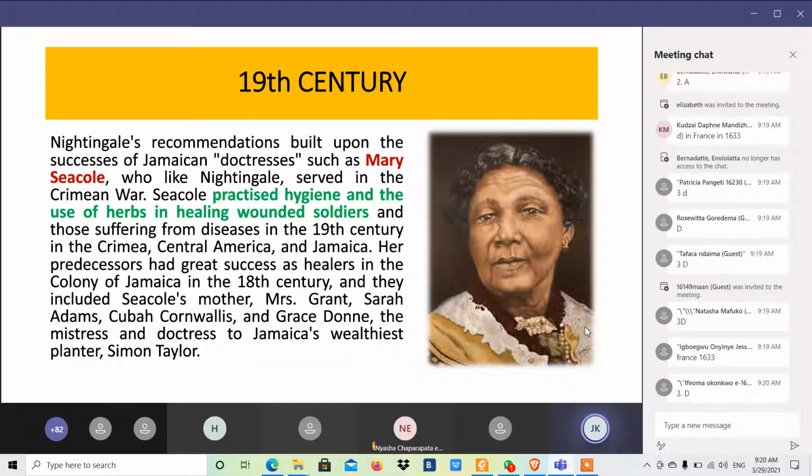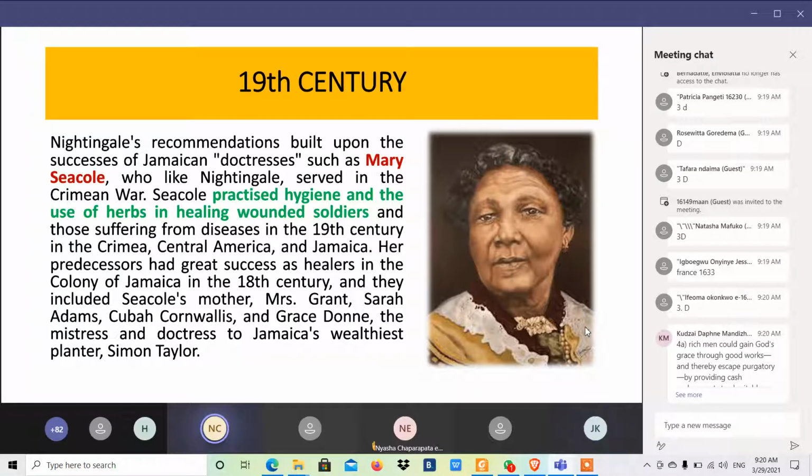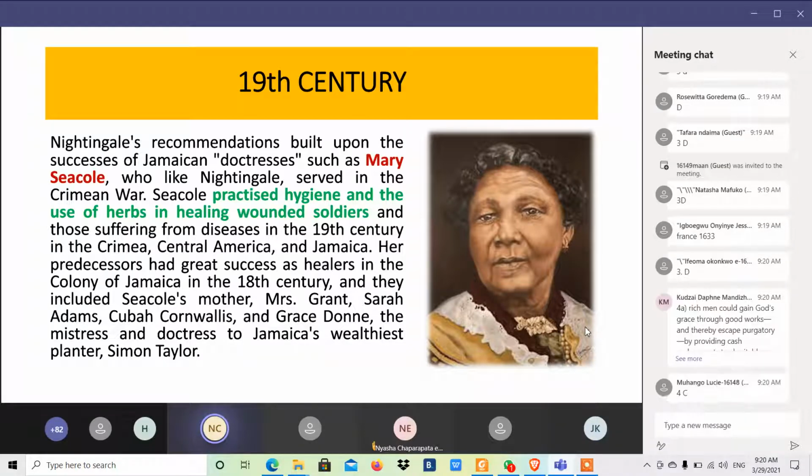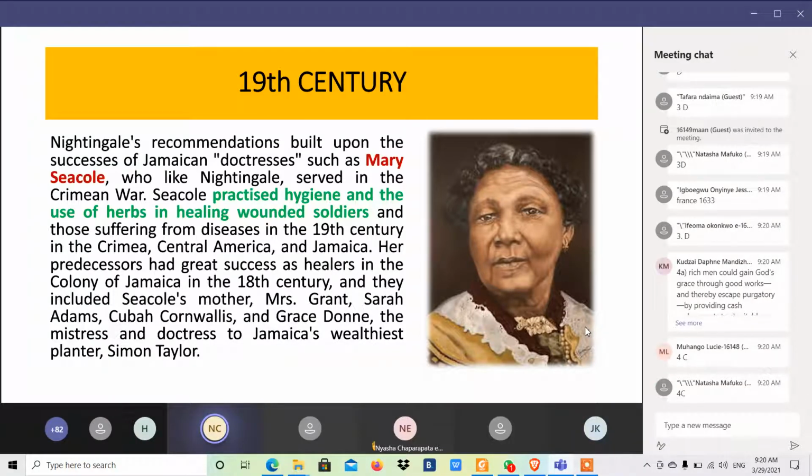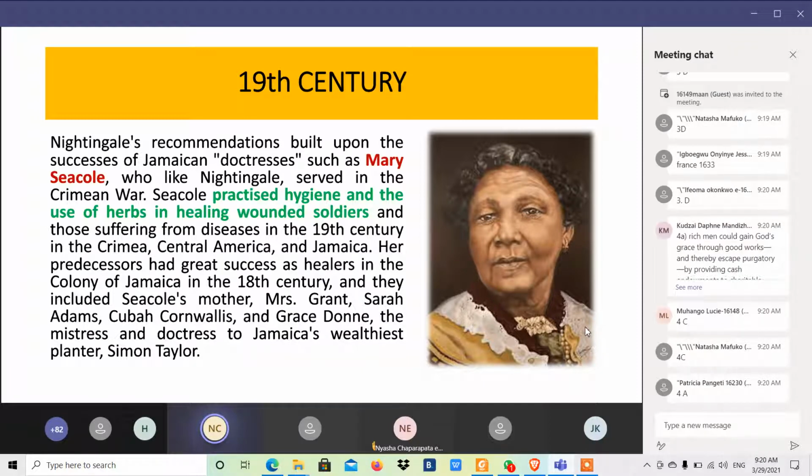Fourth question. Who can read? The Protestant reformers, led by Martin Luther, rejected the notion that A, rich men could gain God's grace through good works and thereby escape purgatory by providing cash endowments to charitable institutions, as well as B, the poor patients earned grace and salvation through their suffering.